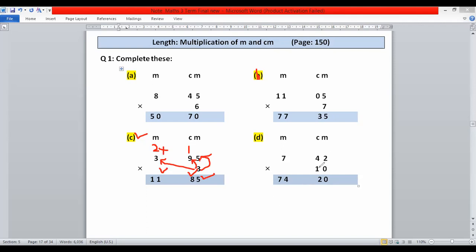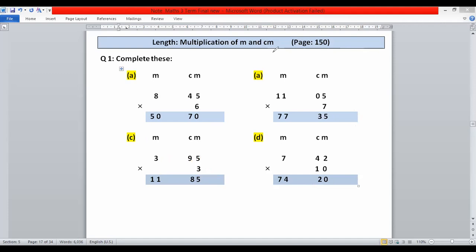Dear students, here we are multiplying meter and centimeter with a 2-digit number. This question is a little bit different from the rest of the parts. So first of all we will multiply 42 by 10. Dear students, you know that whenever we multiply any number by 10, we just write the same number and add the 0 at the end.